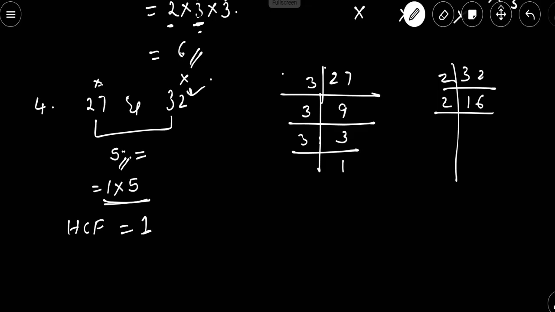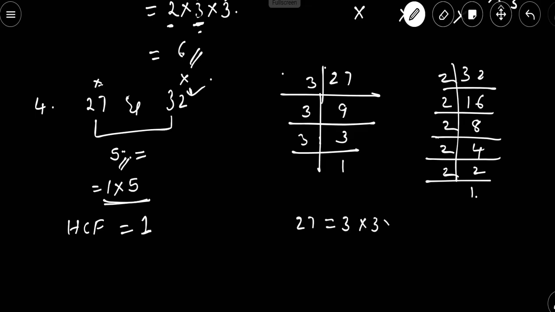Now if I write the factors for 27, how do I write? 3 into 3 into 3. And for 32, I will write 2 into 2 into 2 into 2 into 2. How many 2s? 1, 2, 3, 4, 5.